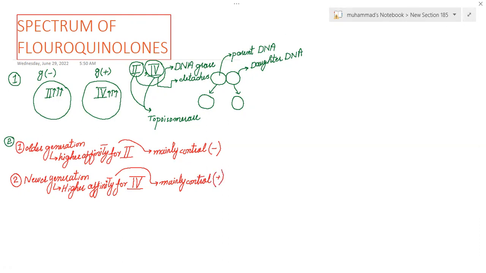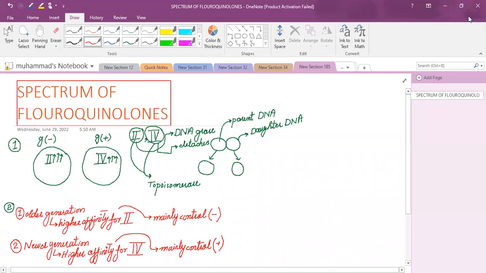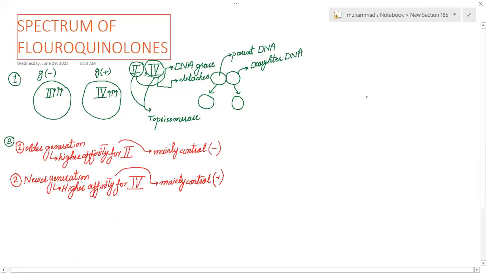So if we have a brief about the spectrum of fluoroquinolone, then we can write in this way. Suppose this is the first generation, and this is the fourth generation.